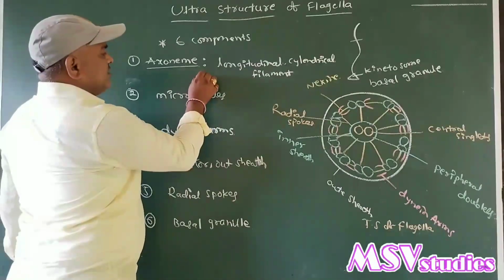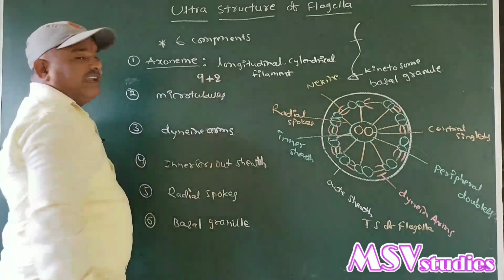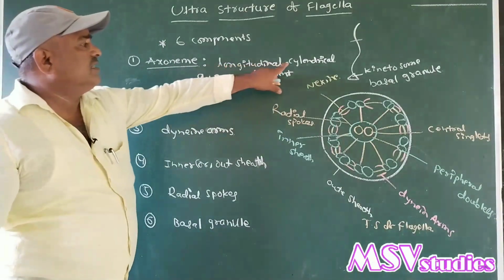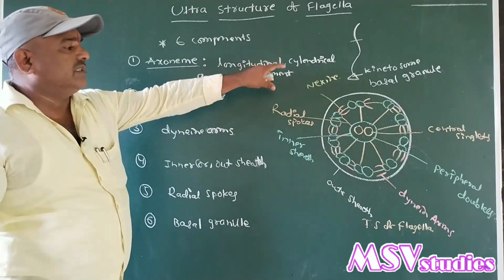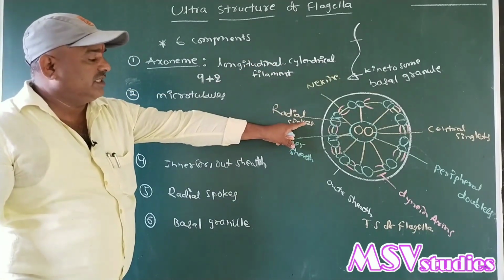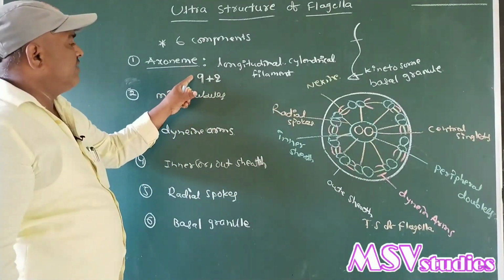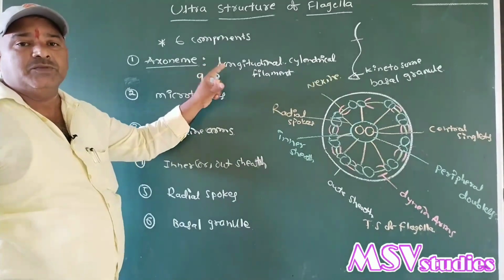It consists of a 9+2 arrangement. It is covered with the outer sheath, which is an extension of the plasma membrane, and it also has 9+2 microtubules.